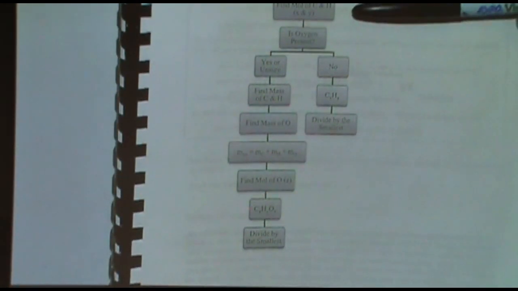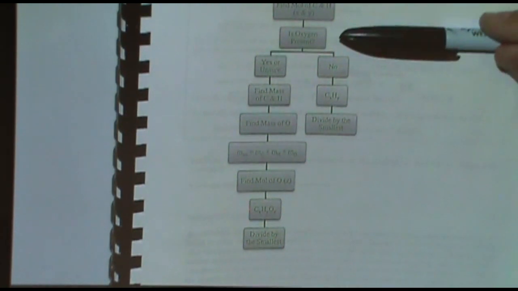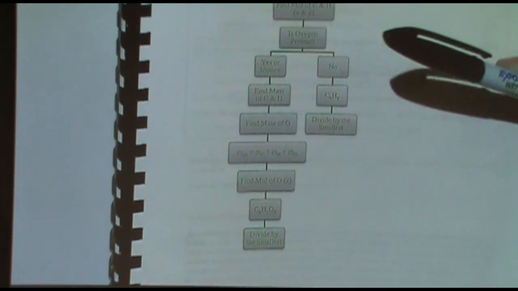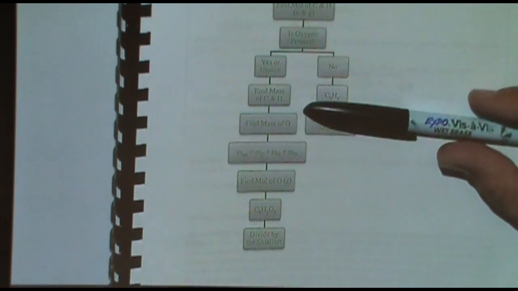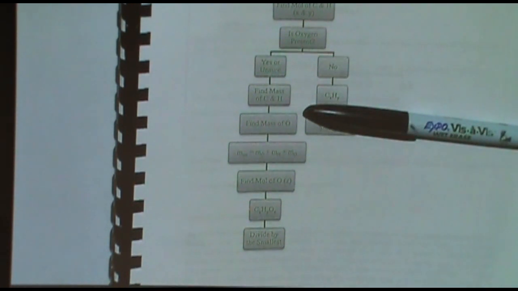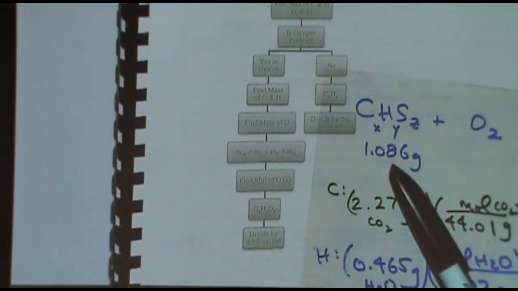after you find the moles of carbon and hydrogen, and if you know there's oxygen, or if you're unsure if there's oxygen, what you're going to do is convert both moles, in this case X and Y, and really sulfur, if there's sulfur too, all over to mass. And then you're going to say the total mass of the original compound. Notice we never used the number 1.086.